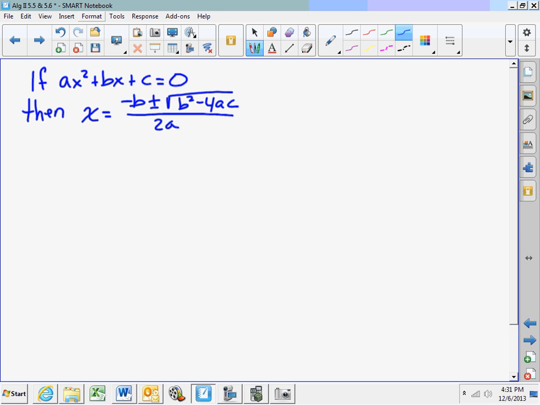So as mathematicians looked at this formula, they determined that the square root of b squared minus 4ac was pivotal in understanding the roots of the quadratic equation. Further, it's b squared minus 4ac that's actually under the radical. So they decided to define b squared minus 4ac as a particular quantity, and they gave it a name. They call it the discriminant.